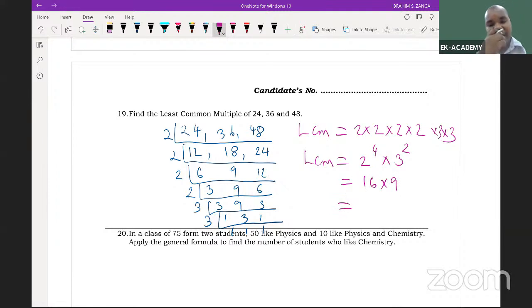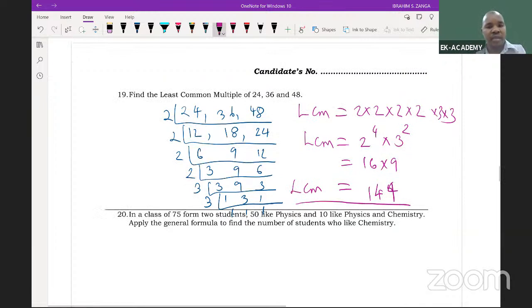When you multiply 16 times 9, 6 times 9 is 54. Then 1 times 9 is 9, 9 plus 5 is 14, so it is 144. So the LCM of those three numbers is 144.